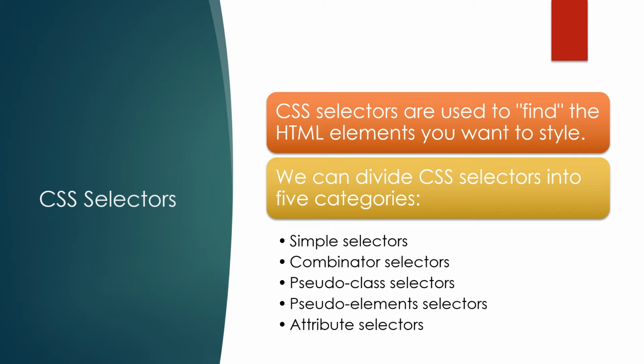Combinator selectors select elements based on a specific relationship between them. Pseudo class selectors select elements based on a certain state. Pseudo element selectors select and style a part of an element. And finally, attribute selectors select elements based on an attribute or attribute value.